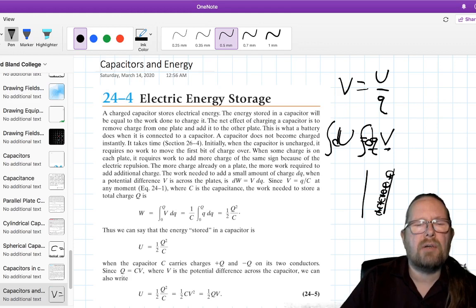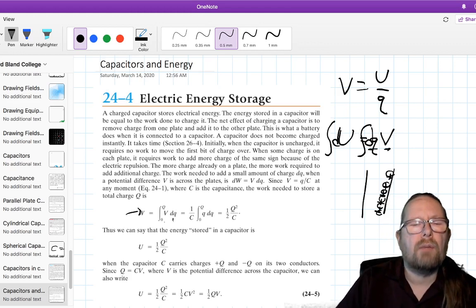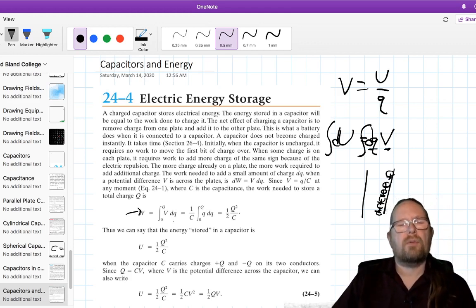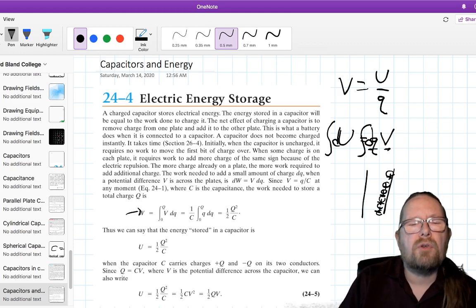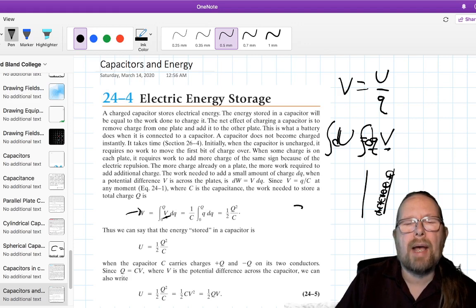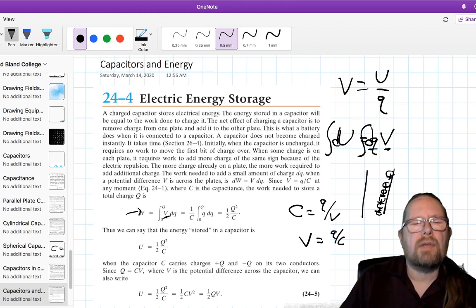So the work needed to fill those plates with charge is equal to the integral of V dq from charge of 0 up to the total charge found on those plates. And then we substitute for V the expression that relates capacitance to charge and voltage. So V is equal to Q over C. And so the integral of V dq becomes the integral of Q over C dq.